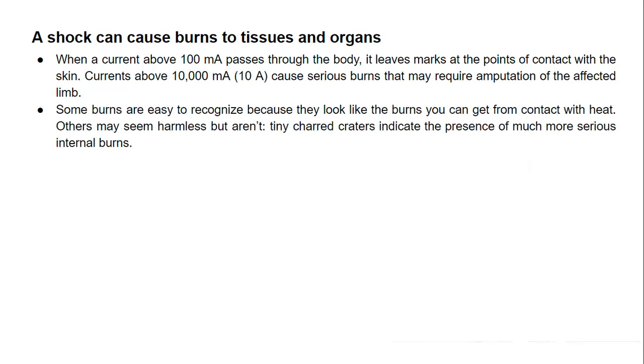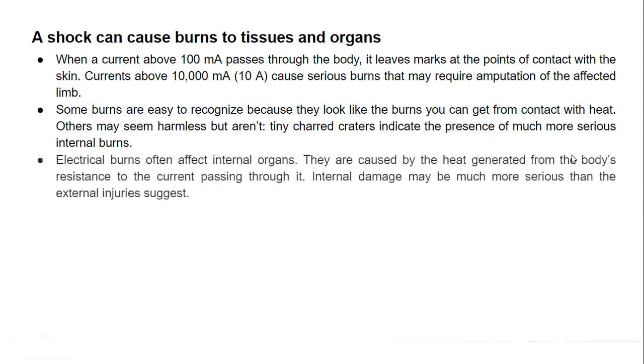Some serious burns are easy to recognize because they look like the burns you can get from contact with heat. Others may seem harmless, but they are not. Tiny craters indicate the presence of much more serious internal burns, for instance.